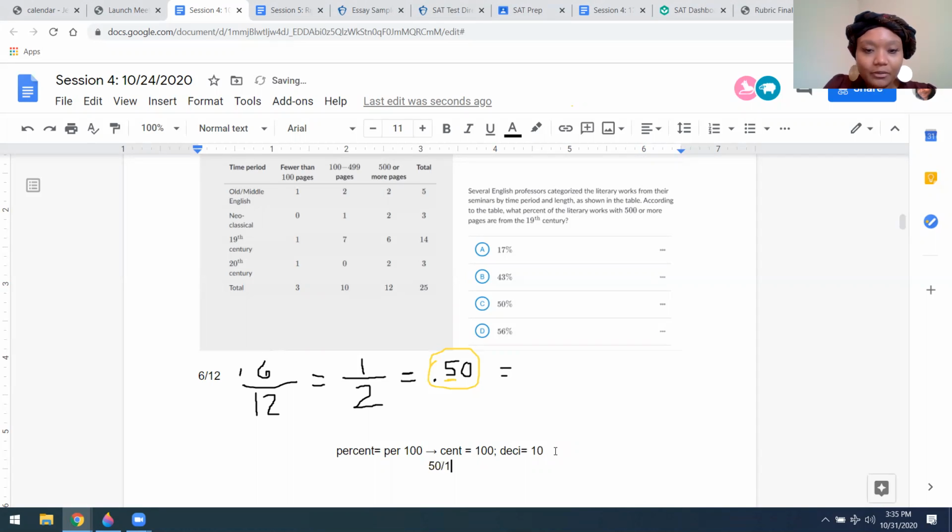So 50 out of 100 is 50%, because it means 50 per 100.